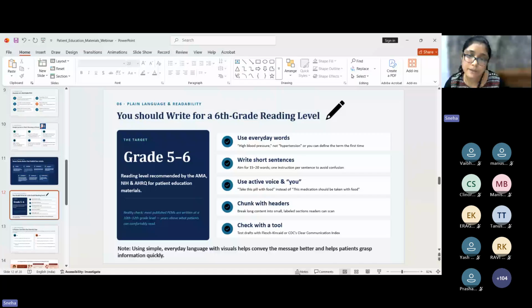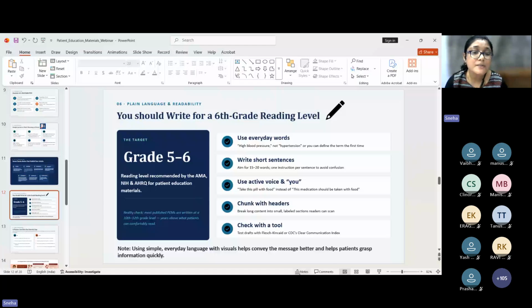Now, when I tell you to write at a 5th to 6th standard reading level, that doesn't mean you will oversimplify or dilute the medical condition. For example, anaphylaxis is a severe allergic reaction which is life threatening. If you simplify it and write it as a bad allergic reaction, that is not acceptable, because it completely dilutes the emergency of an anaphylactic situation, right?